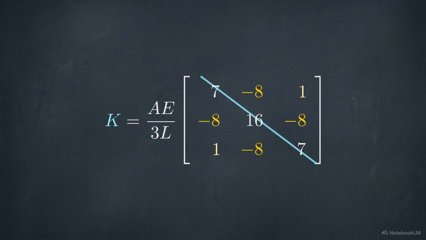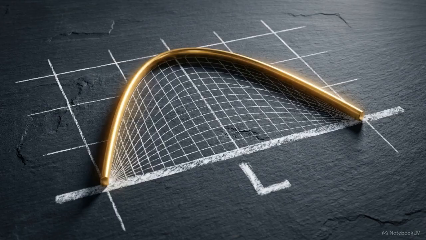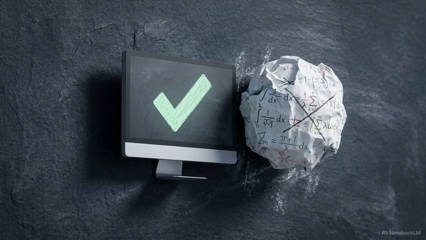Notice the exact diagonal symmetry within the resulting stiffness matrix. These specific integer weightings, 7, 16, and -8, are the direct mathematical results of integrating a quadratic curve. By bypassing manual calculation entirely, we guaranteed an error-free exact solution for these coefficients.